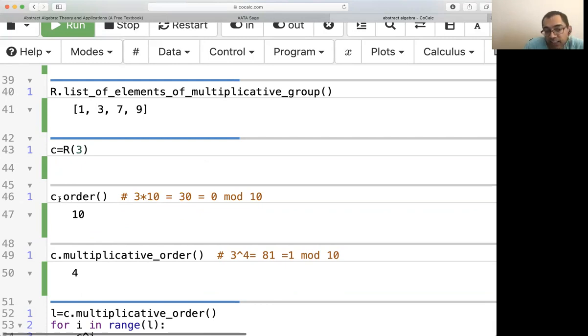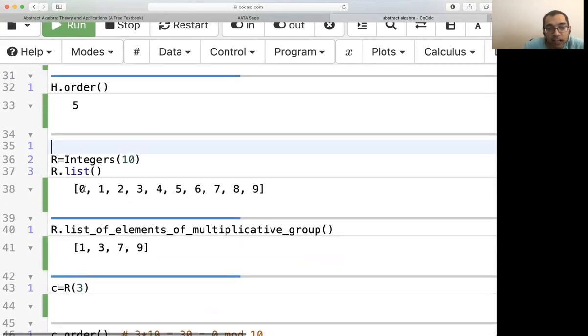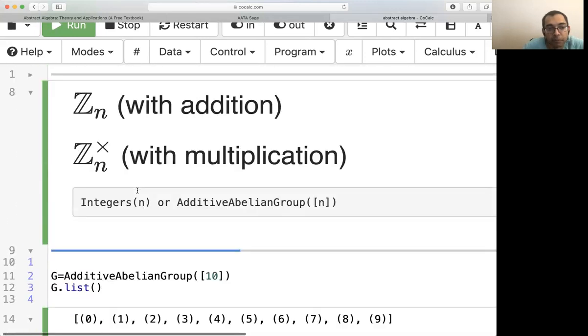All right, so then I can ask C.order. I can ask for the order of C. And it's going to give me the additive order. It gives me 10. And that's because how many times do I have to add 3 to get to the identity element in this group? This is a group with addition. And again, going back up here, there are 2 completely different groups, even though the notation is very similar.